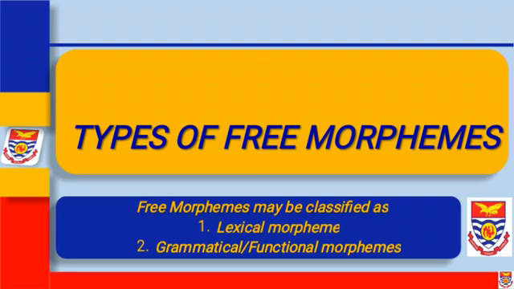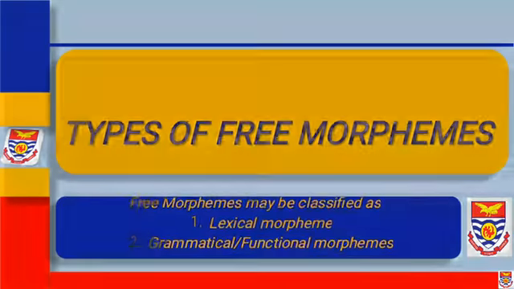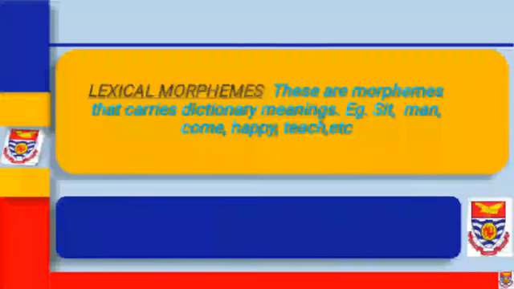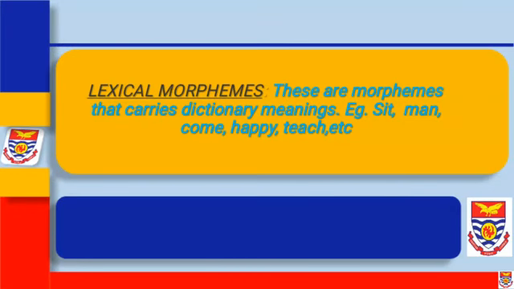Let's try to define what lexical morphemes and grammatical morphemes are. Lexical morphemes are morphemes that carry dictionary meaning. So here we are saying that the meanings of the words can be found or located in the dictionary.